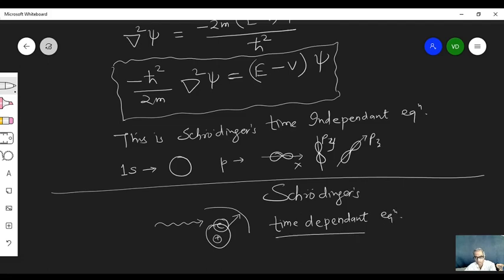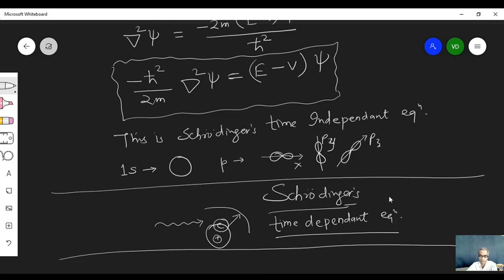The Schrodinger time dependent equation is always used for time dependent phenomena, where energy is given to the electron or energy is taken from the electron. For example, the electron jumps from a higher orbit to a lower orbit and gives out a photon. All these cases are considered with the Schrodinger time dependent equation.